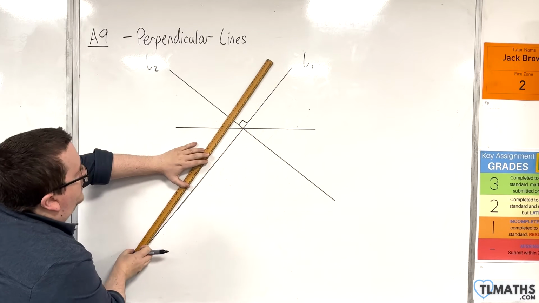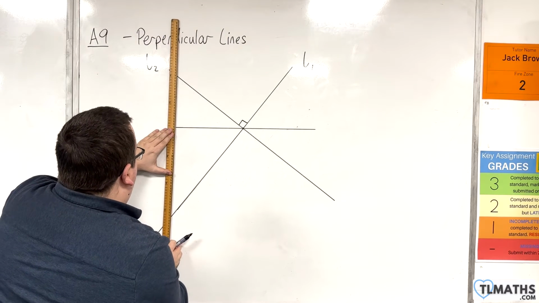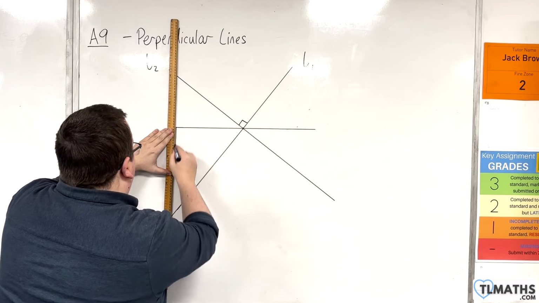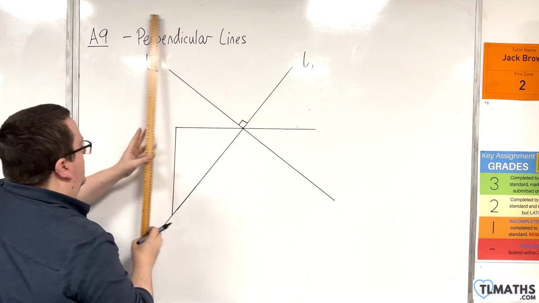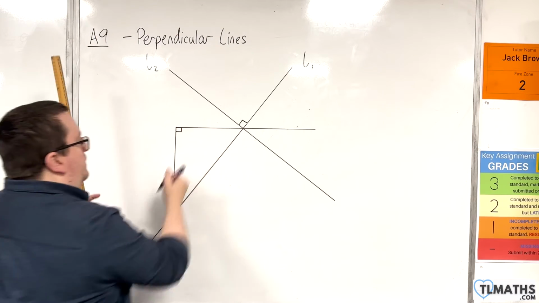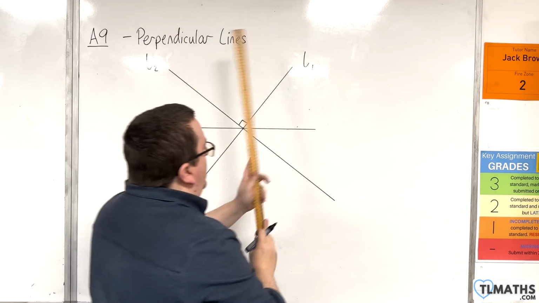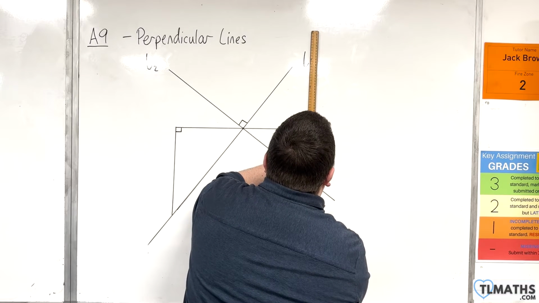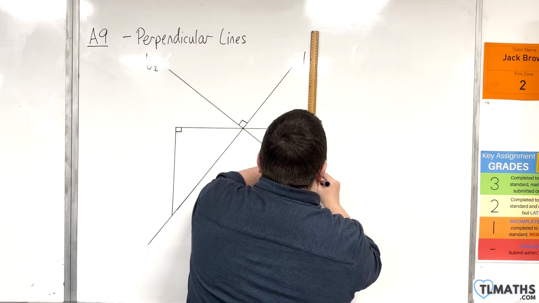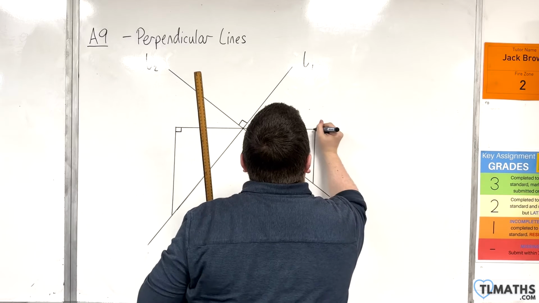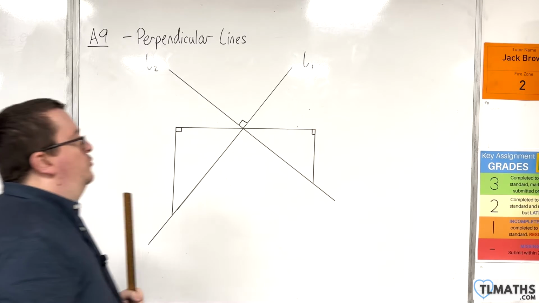Just a little bit longer, and then I'm going to drop that perpendicular down to construct a right angled triangle here. And I'm going to do the same over here as well. Okay, and I'm going to construct another right angled triangle.